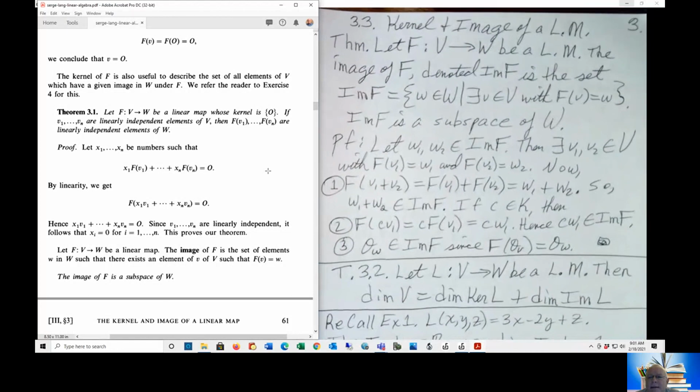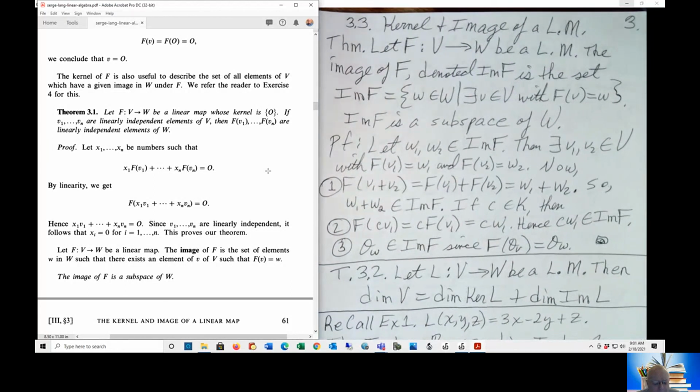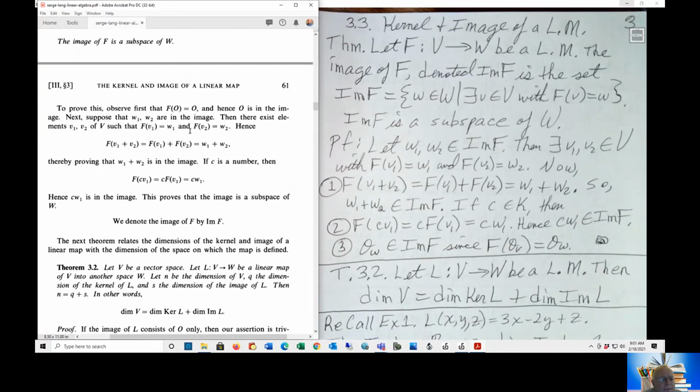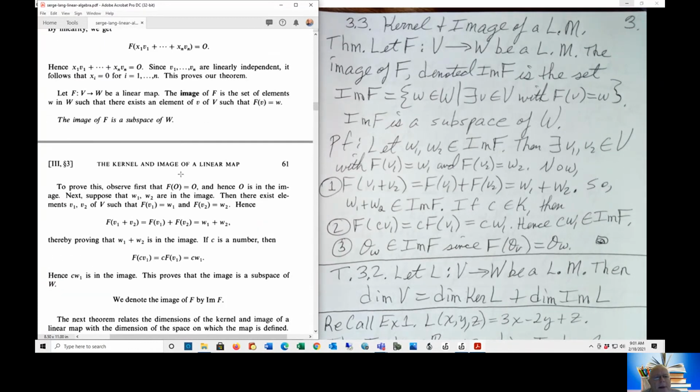Next, we look at the image of a linear mapping. The image of a linear map is defined by and denoted by the symbol Im f.